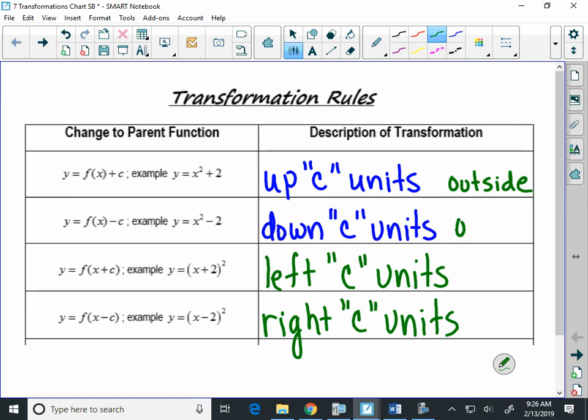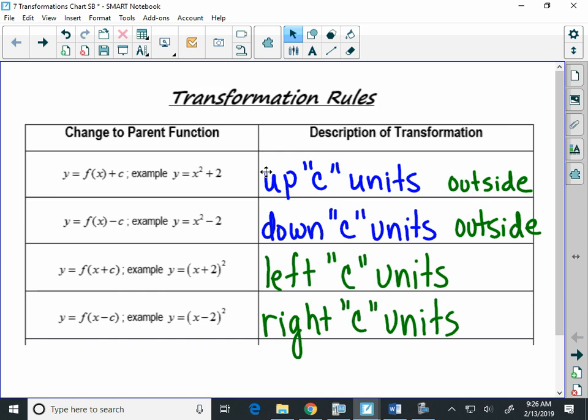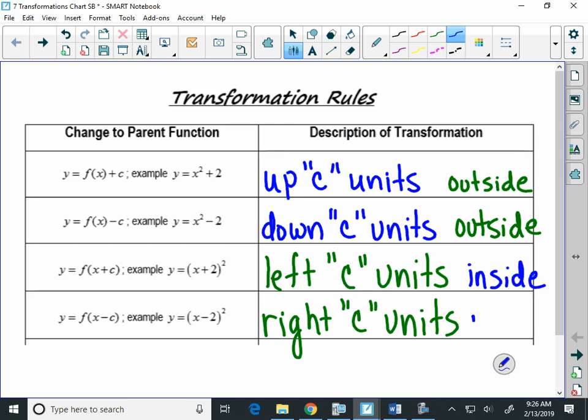I don't know if that helps, but I want to throw that out there because it might work for a couple of you. And when we're moving right and left, that's inside the function. It's f parentheses x plus c. The plus c is right inside that parentheses, so we consider that inside the function. That might help for some of you and might not help for others.